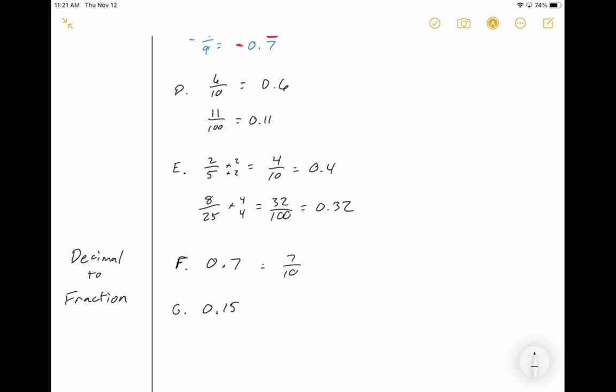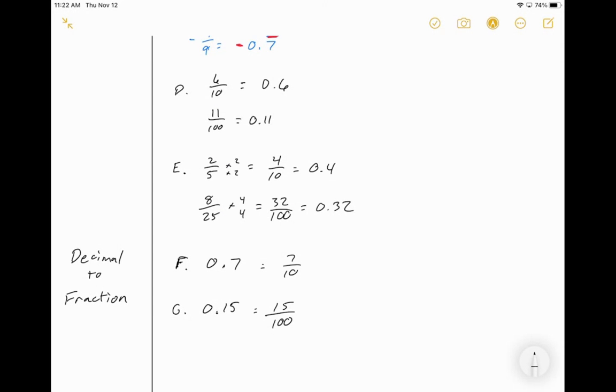.15. Okay. So we got to think, which place did it go to, right? This is 15 hundredths. Yeah, you guys are putting in the chat. Good, right? So this is going to be 15 over 100. Now, we're not done, though. Can we simplify the fraction? Is there anything that goes into both 15 and 100? Yeah.